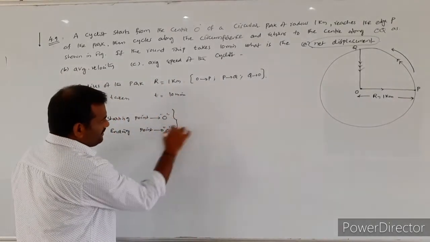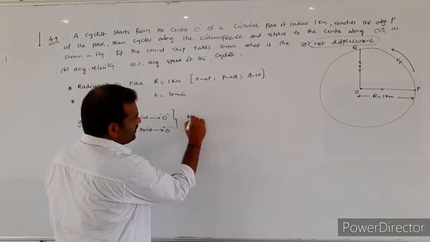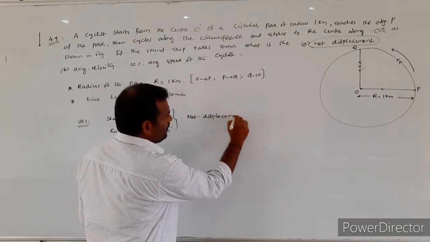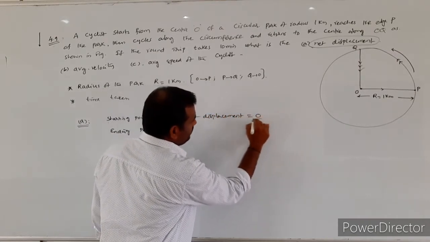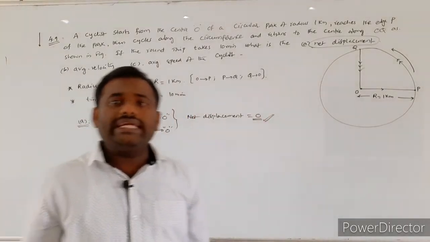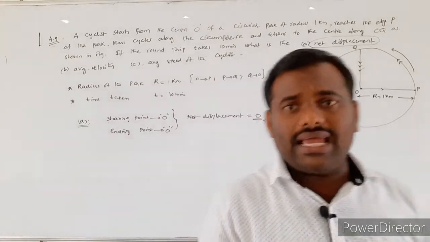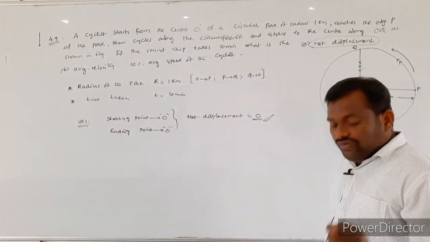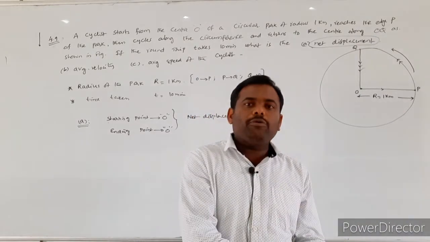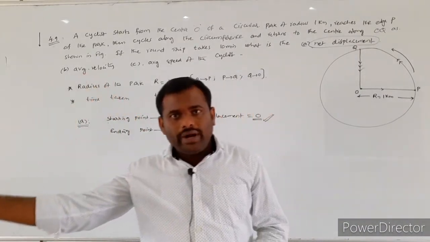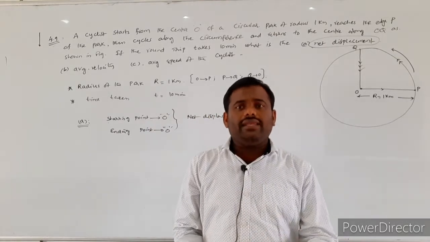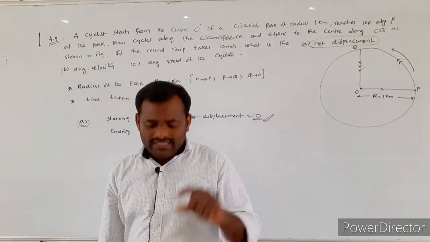Hence, from this information we write that the net displacement covered by the cyclist is equal to 0. Displacement exists whenever the starting point and ending point are separated by some distance, and then it has a certain magnitude.